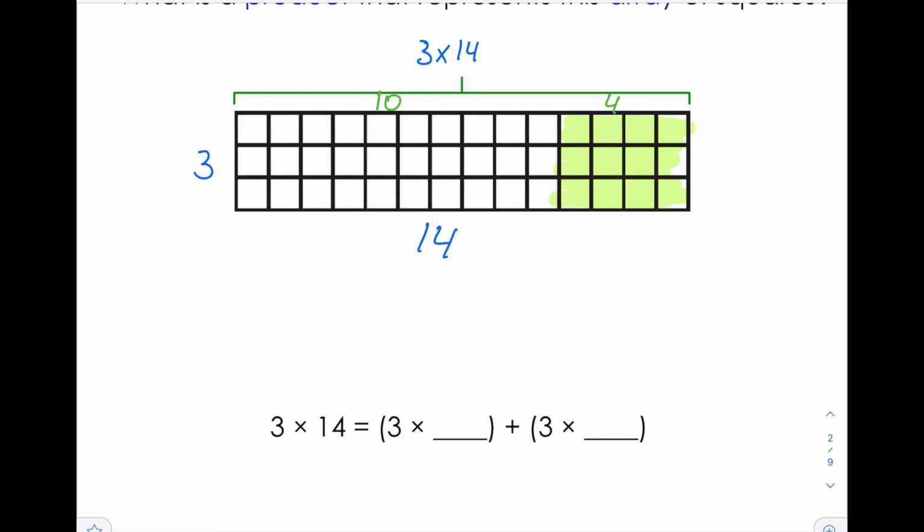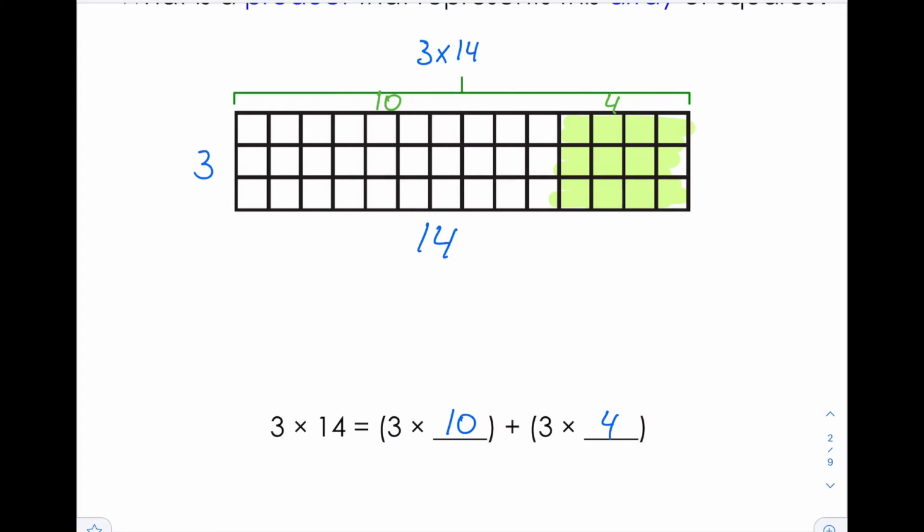So we could say that the white part of the array represents 3 times 10 and the green part represents 3 times 4, because 10 plus 4 makes 14. So that's why we have 10 columns over here and 4 columns over here.